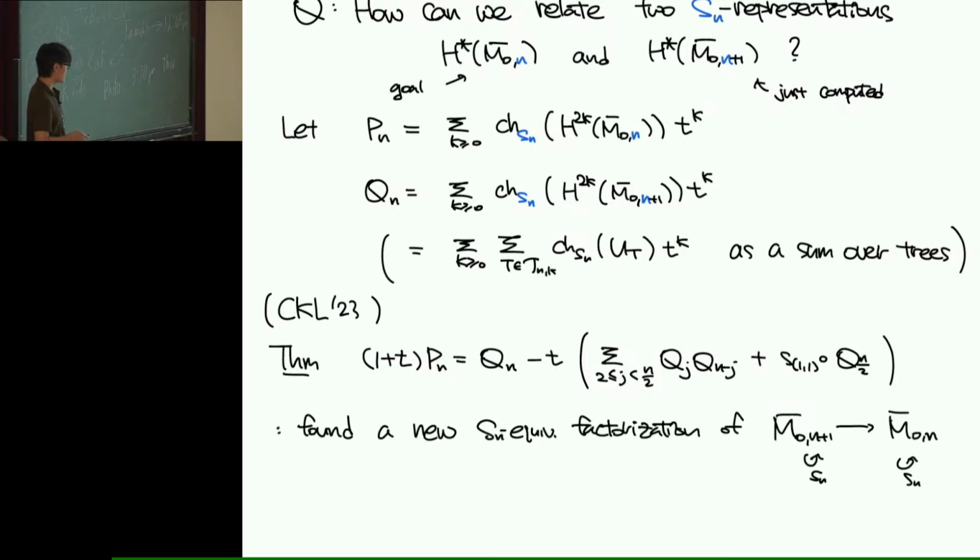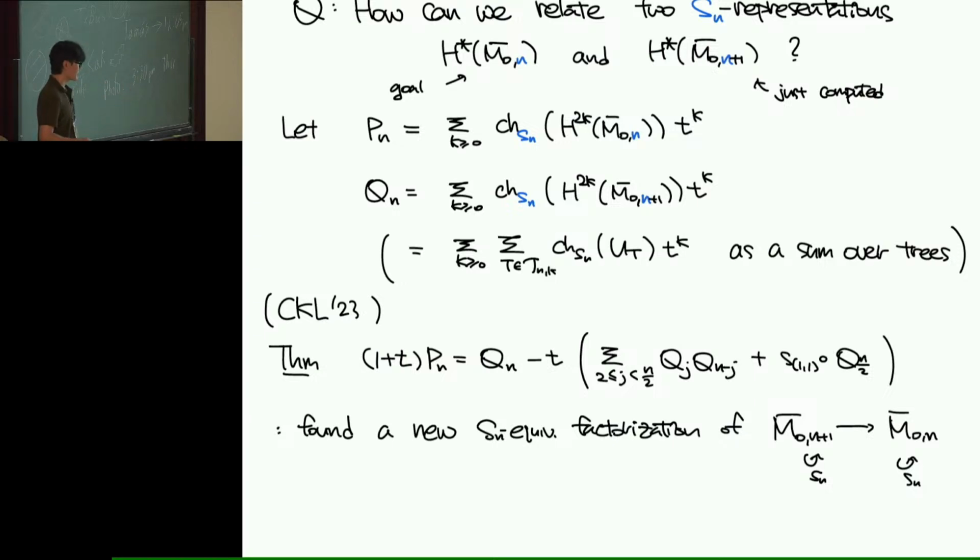And how we get this formula comes from basically the geometry of this map. This is the space of curves with n plus 1 points, and this is the space of curves with n points. So we just forget the last marking. It should be equivariant under the permutation of the first n markings, right?